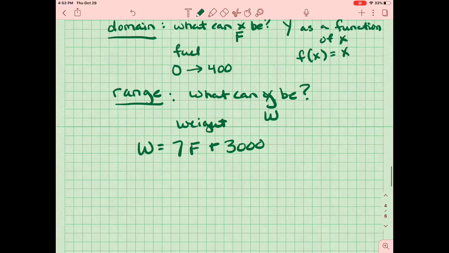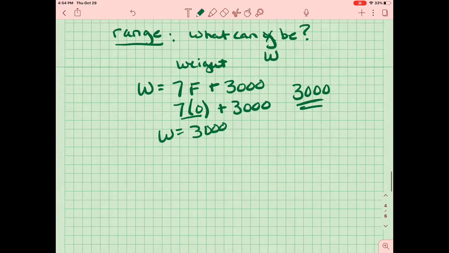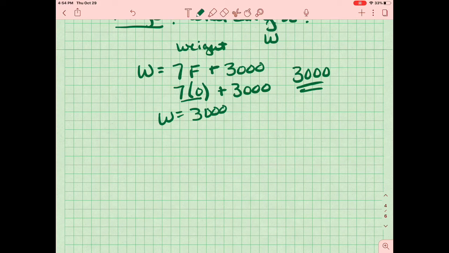And we know that we could possibly be out of fuel. So let's see what happens to the weight of the plane if we are empty. Okay, so 7 times 0 is 0. So the weight would be 3,000. The weight of the plane, the bottom weight, is actually 3,000. Okay, and then we know we can have up to 400 gallons of fuel. So let's also figure that out. Weight equals 7 times 400 plus 3,000.